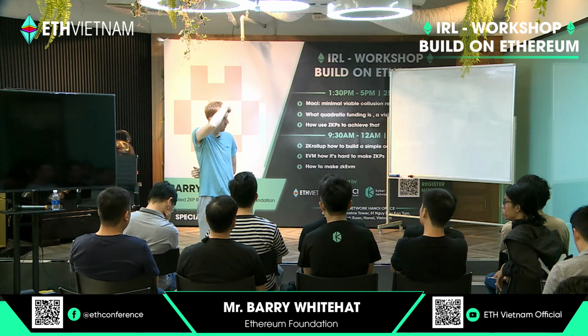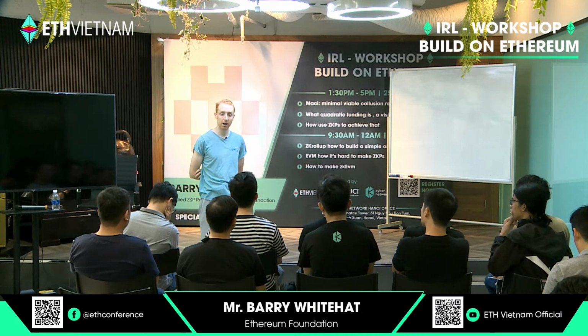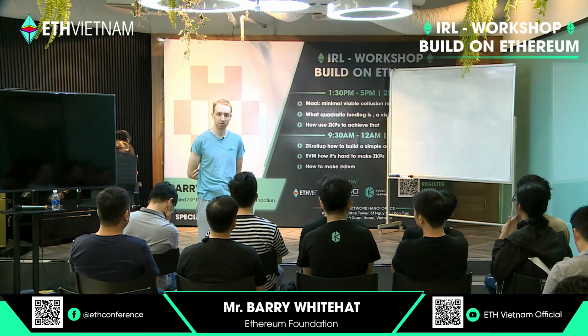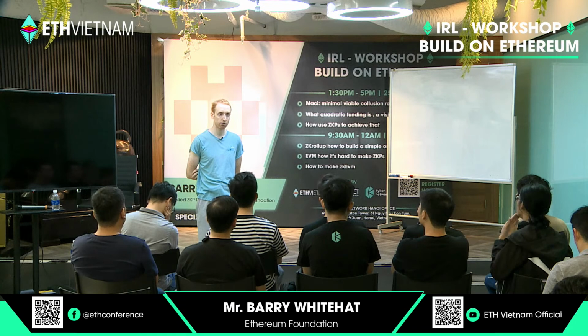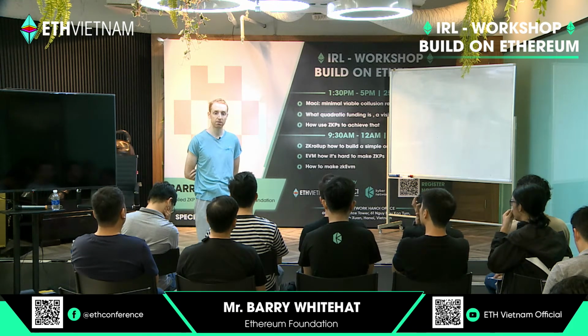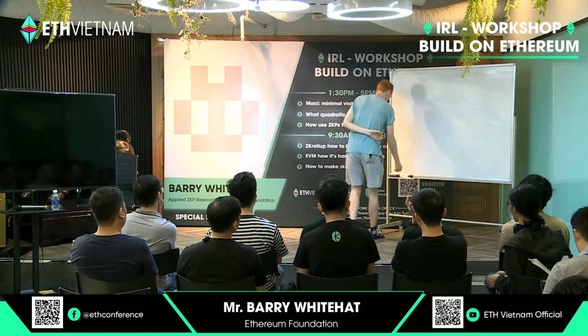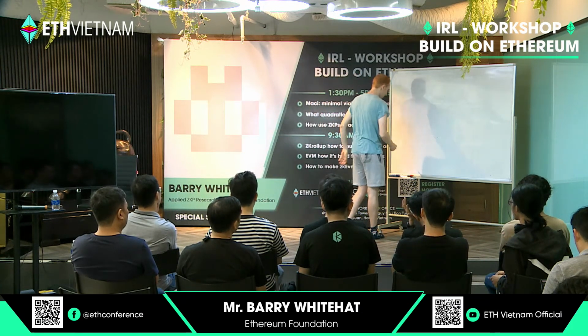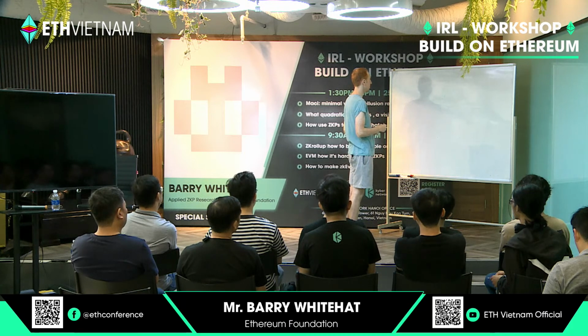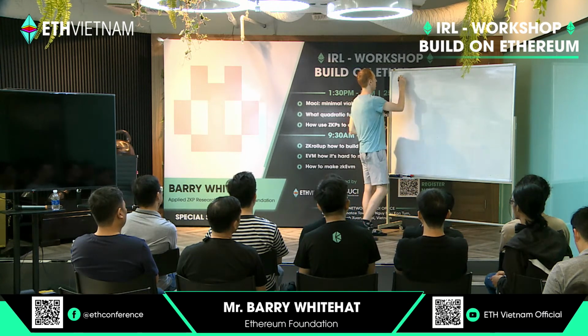Okay, so let's talk about a simple ZK rollup first, and we'll just go through that in order to inform our discussions later today. So we're going to talk about our ZKP.